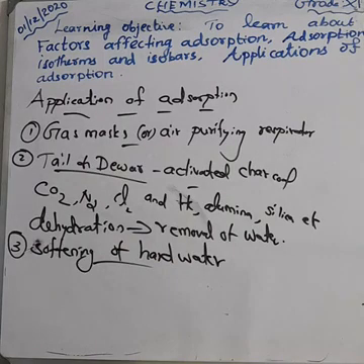Hard water is unfit for drinking purposes, am I right? We cannot use it for drinking because a lot of ions and salts are present, for example calcium chloride, magnesium chloride, calcium sulfate, magnesium sulfate, bicarbonate salts, etc. This is hard water.